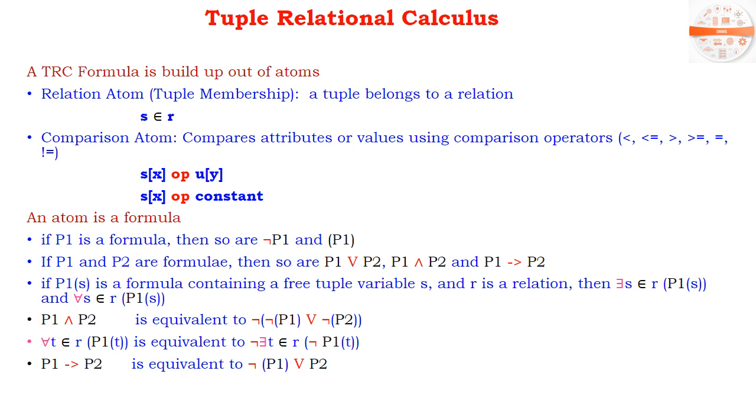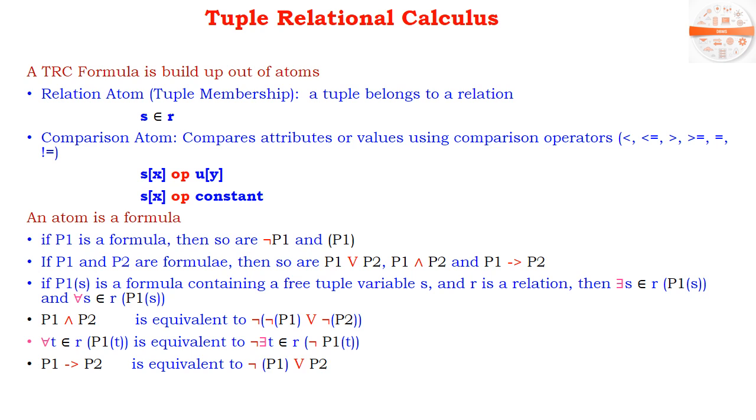That is, the predicate should be true. And for all S, the tuple associated with the universal quantifier, belonging to the relation with the predicate condition true. And the next one is P1 and P2. It is equivalent to the negation of the negation of P1 or the negation of P2.